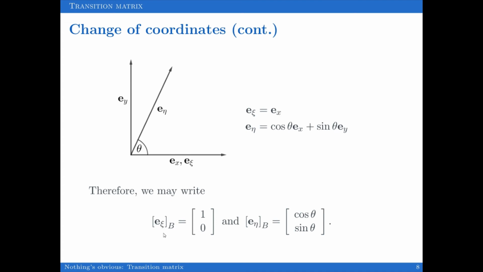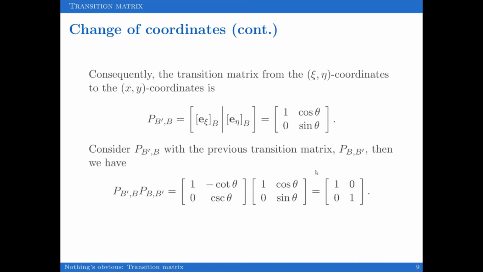Then we have the coordinate vectors for the basis vectors in their own coordinate, which is psi-eta. So the transition matrix can be constructed by grouping the coordinate vectors of the basis vectors, which gives the matrix with columns (1, 0) and (cos theta, sin theta).